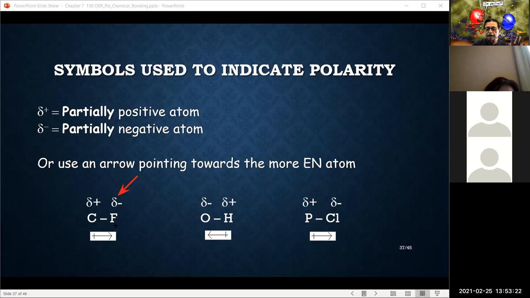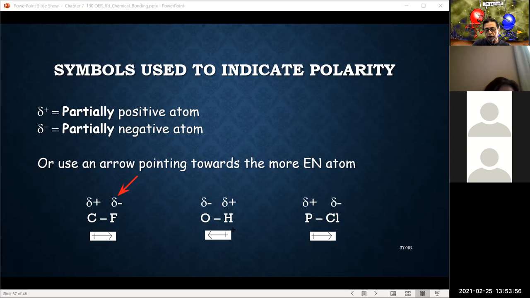So if it's bonded to carbon, it's going to have a very strong partial negative charge on the fluorine, with the carbon being stripped of electrons, giving it more of a positive nature. This is how we designate that with the polar arrow, with the point on the fluorine and the positive on the carbon.